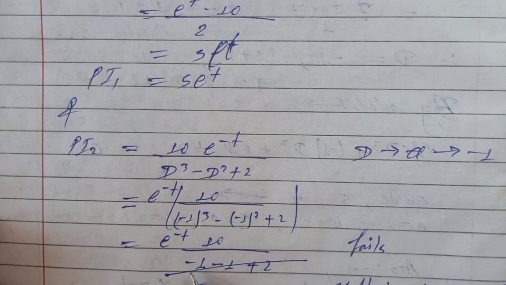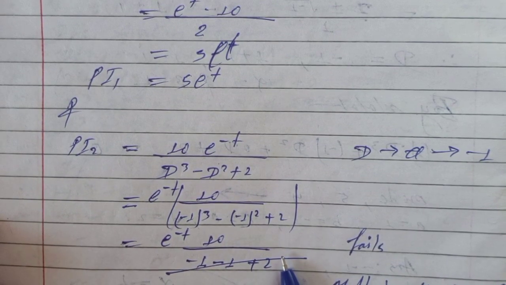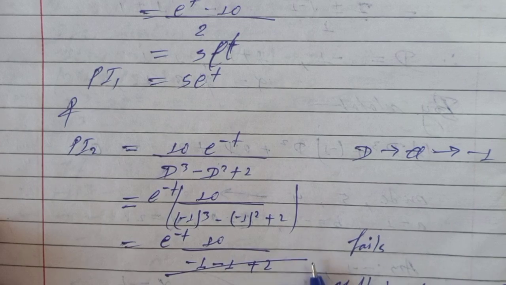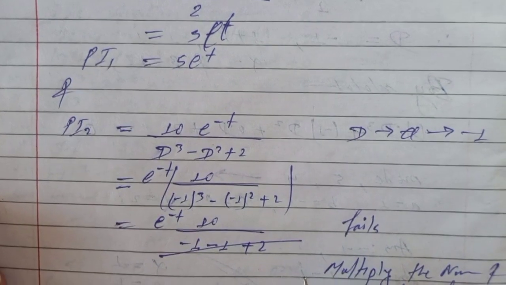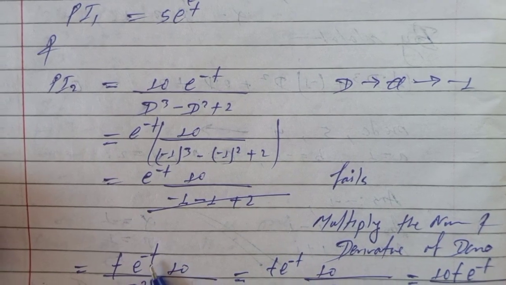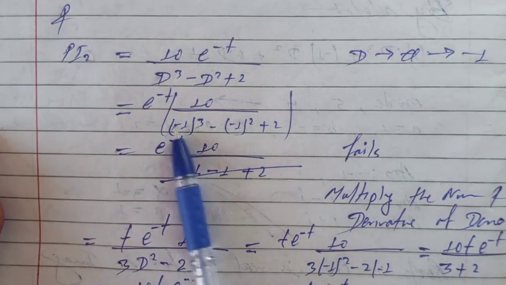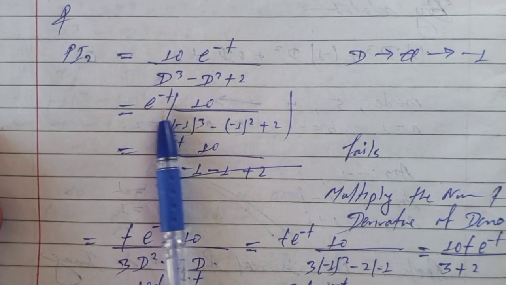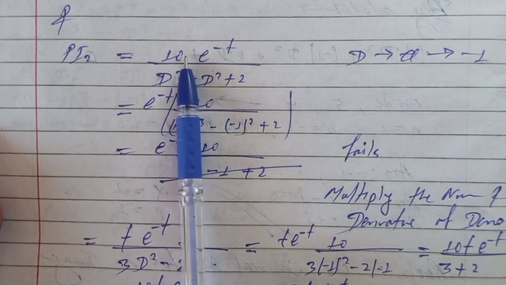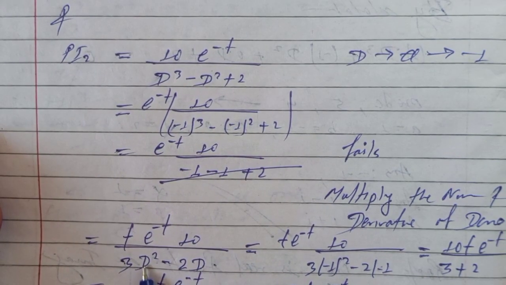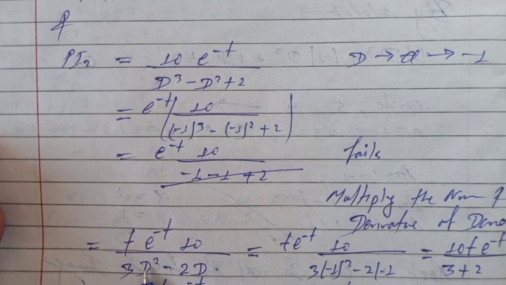Finally, we are going to see that the denominator is going to be 0, means it is going to fail here. We know that if our condition fails, then we should multiply the numerator by t and take the derivative of the denominator. So we multiply the numerator, that is this one, by t, so it becomes t e to the power minus t times 10, and we did one time derivative of the denominator.